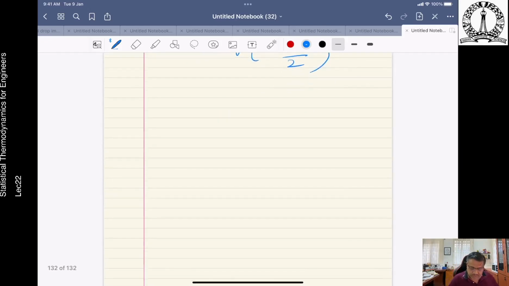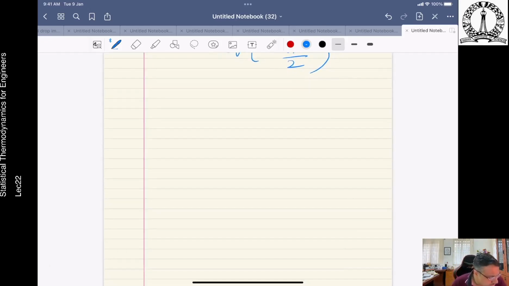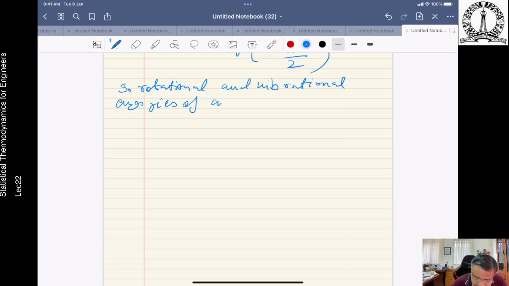So now let's look at the kind of roadmap. The rotational and vibrational energies of a diatomic molecule are modeled as bands.